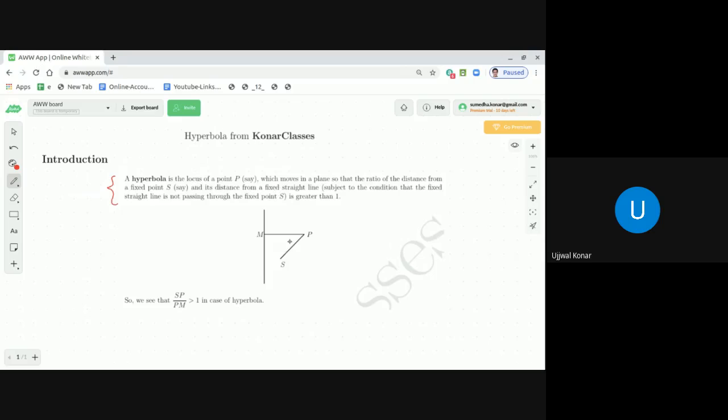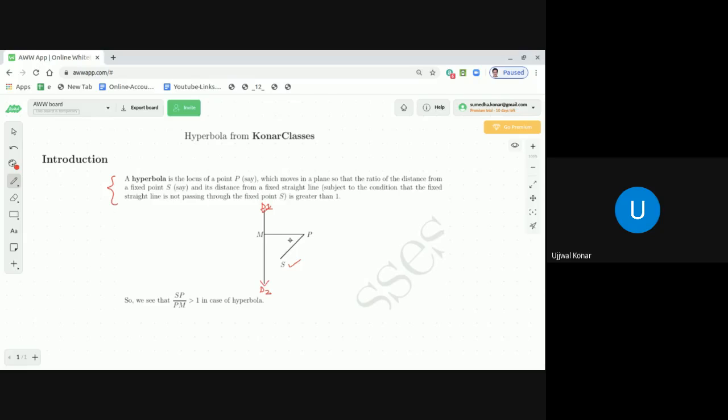So what we get here, dear students, SP by PM, where S is the fixed point. We will see this is known as the focus. We have discussed this for the other two types of conics. And you see this is a straight line. If we name the straight line as D1 D2, it is a fixed straight line, and the perpendicular distance from the variable point P to this straight line is PM.